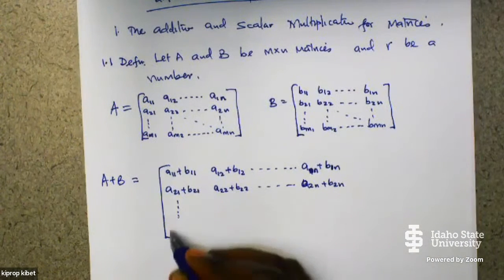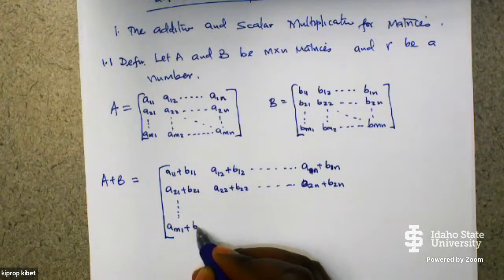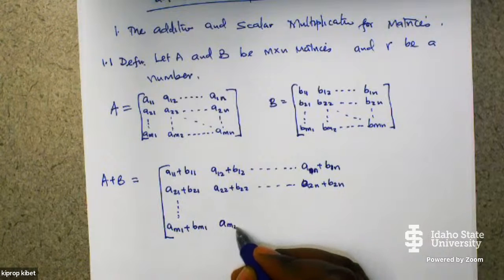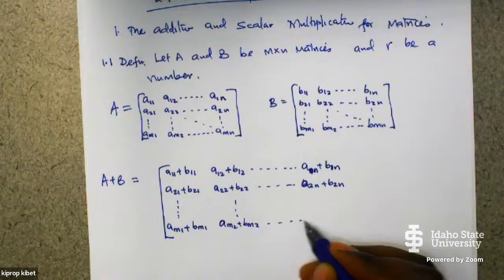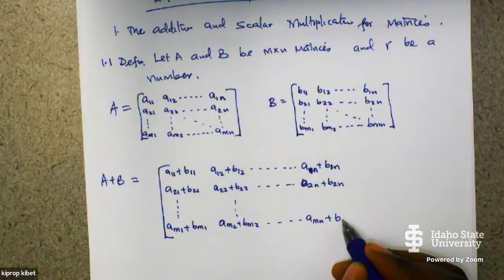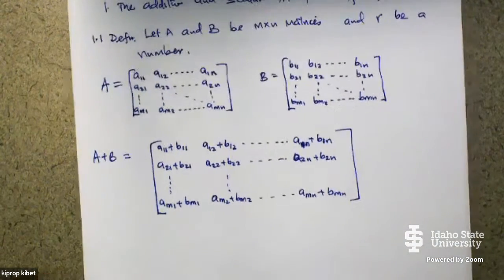Continuing, AM1 plus BM1, AM2 plus BM2, and the last one is AMN plus BMN. So you add each of those entries.